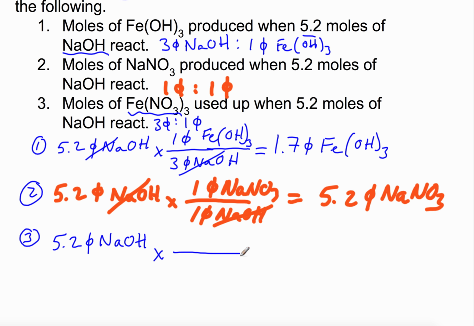Then I multiply by the mole ratio conversion factor, which is essentially that 3 moles of NaOH will require 1 mole of Fe(NO3)3, and I end up getting 5.2 divided by 3, which is the same as the first one, 1.7 moles of Fe(NO3)3.